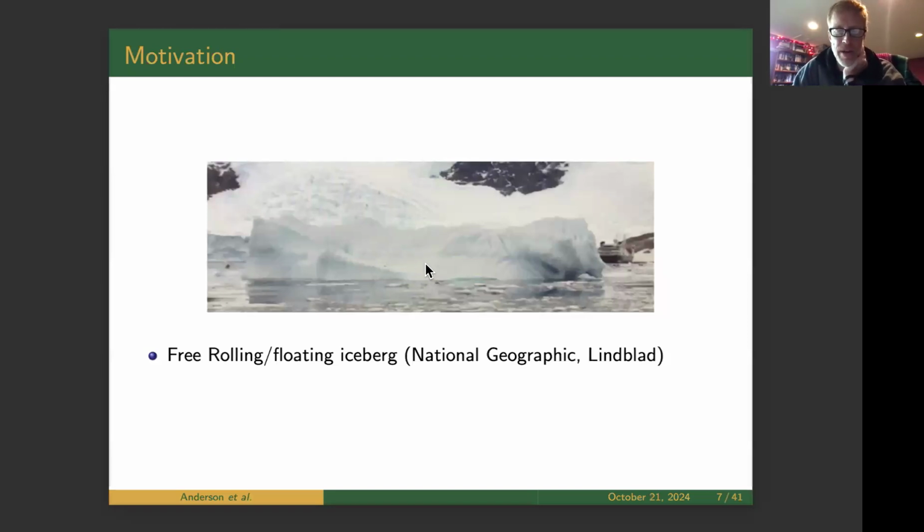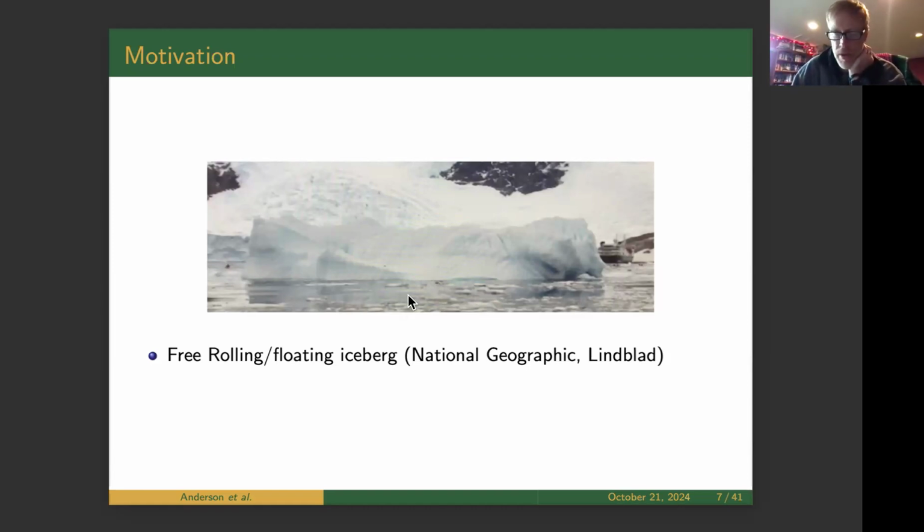But this thing is slowly rolling in the water, pretty gently on the one hand. It's satisfying Archimedes' principle. It's not going up or down very much, but it's clearly rolling. And the image I want to convey is that this is in some sort of potential energy well that's characterized by some rotation angle.